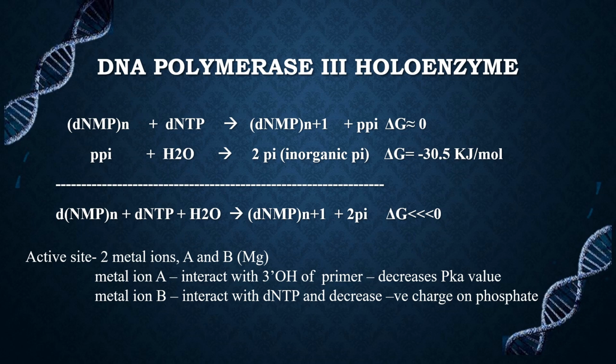Metal ion A interacts with the 3' OH group of the primer, decreasing its pKa value. When the pKa decreases, its Ka value increases and the 3' OH deprotonates to 3' O-, becoming a strong nucleophile. Meanwhile, metal ion B interacts with the deoxy-NTP and reduces the negative charge on the phosphates. It stabilizes the leaving pyrophosphate and facilitates its hydrolysis. So this is the reaction.